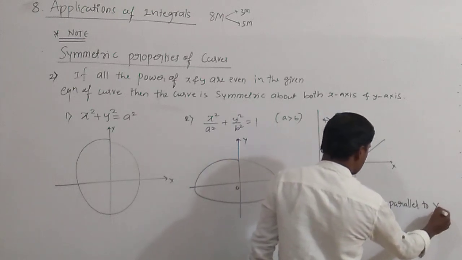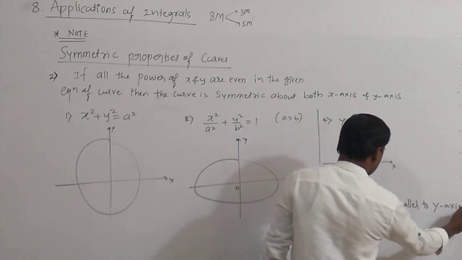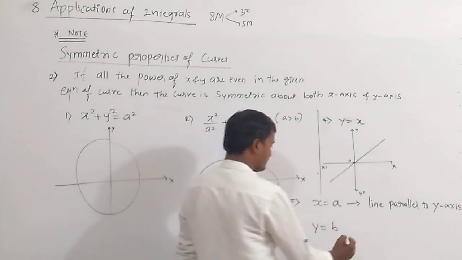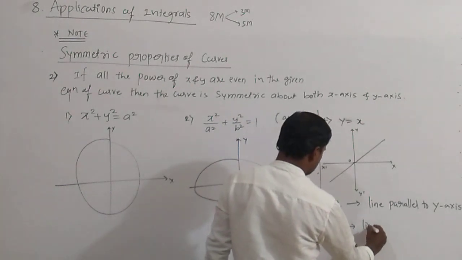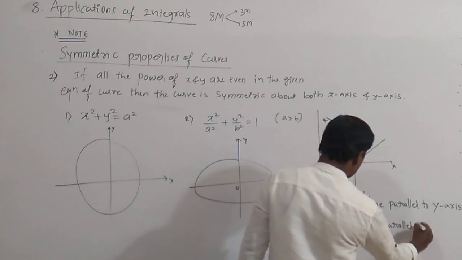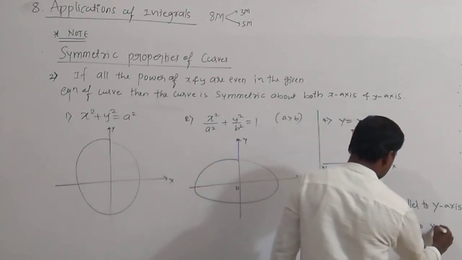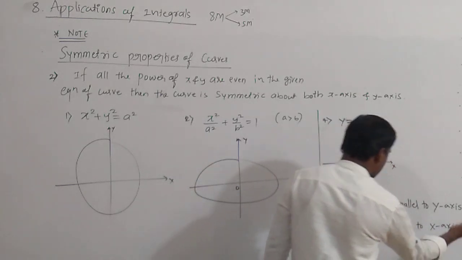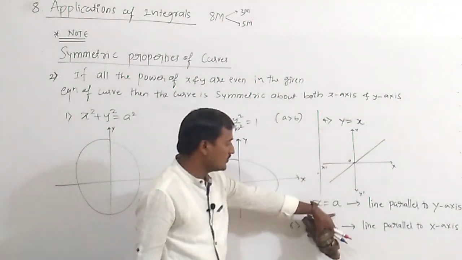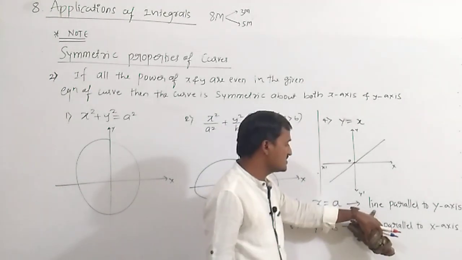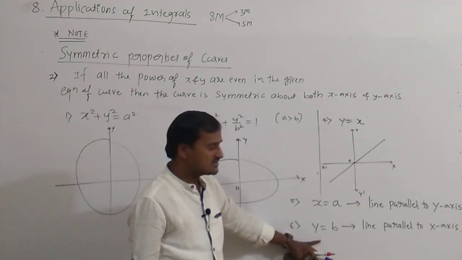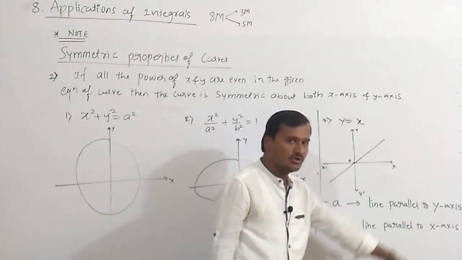Next, if the equation is y is equal to b, in this case the line is parallel to the x axis. So just remember these 2 points. If the equation is x equal to a, then this is a line parallel to the y axis. If y is equal to b, then the line is parallel to the x axis.